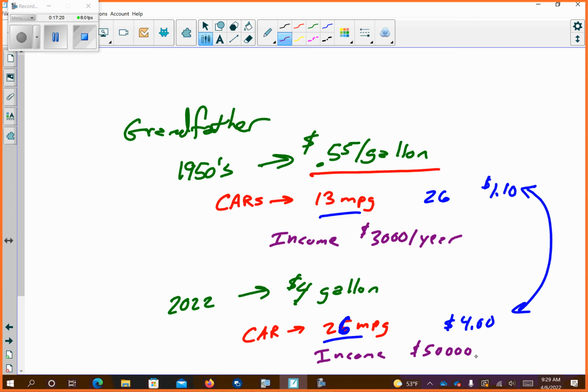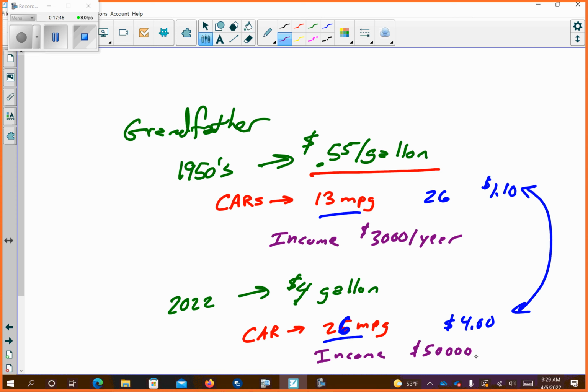our quality of life right now is better than it was in the 1950s because we're making more money than they had made. We have cars that are getting better gas mileage. So there's just a whole lot of characteristics that you kind of think about that take place.